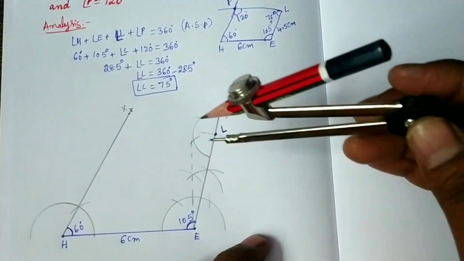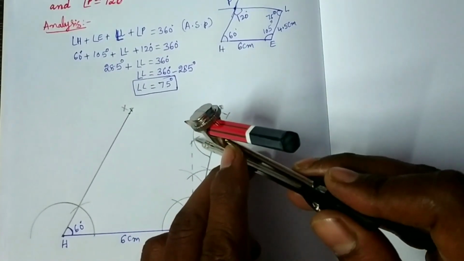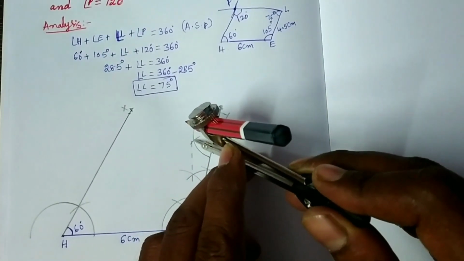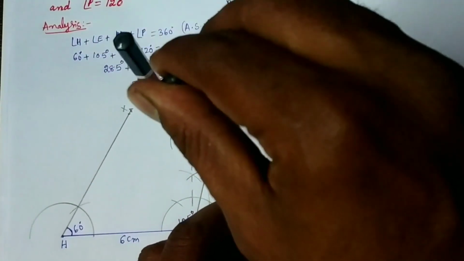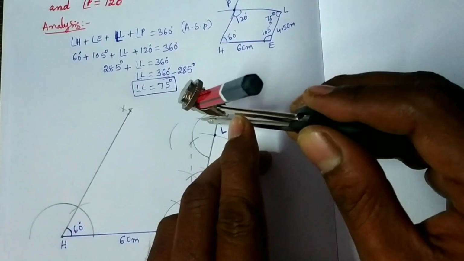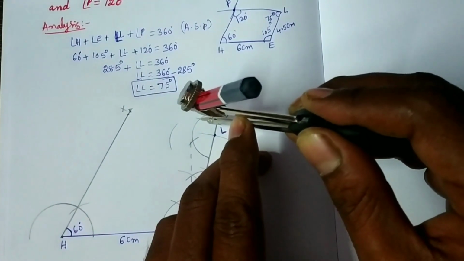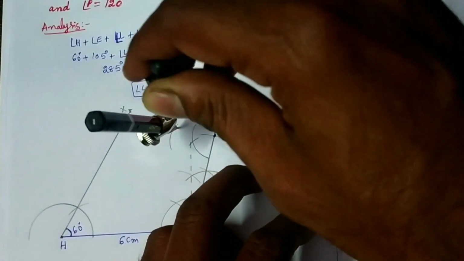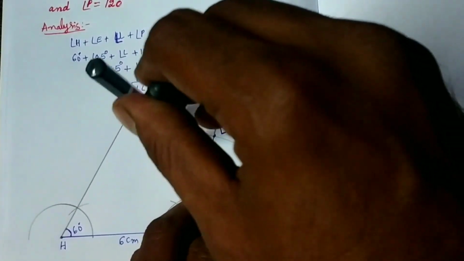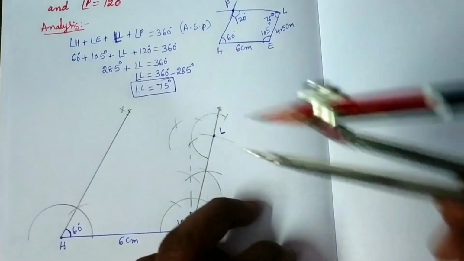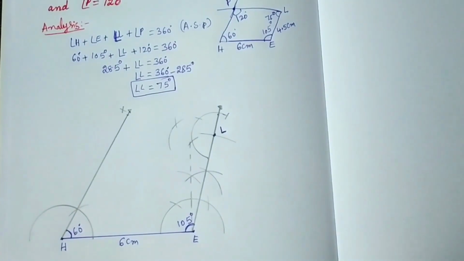So construct 90 degrees now. From 60 degrees draw another arc. From 120 degrees draw another arc.